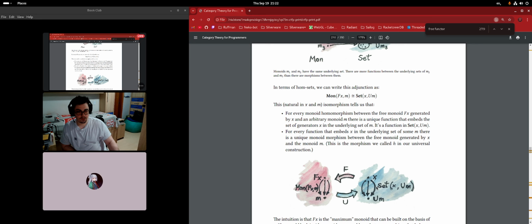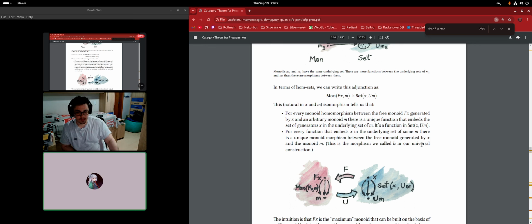That makes sense because we're basically saying for a pair of F of X and M, there is a unique function in the blue guy here that exists between X and U of M. F is actually the free monoid functor.